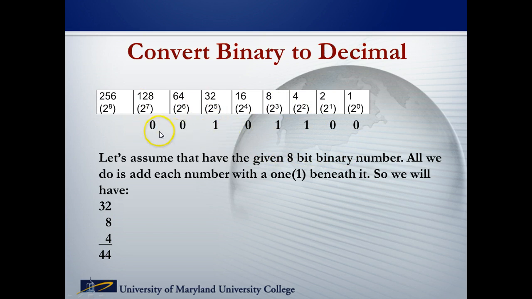So if we have an 8-bit number that's 00101100, all you have to do is put your binary number under this chart, and under each block that has a 1 under it, you take that number and add them up, and that gives you the decimal number. So 00101100 is the equivalent of a decimal 44. It's just that easy.